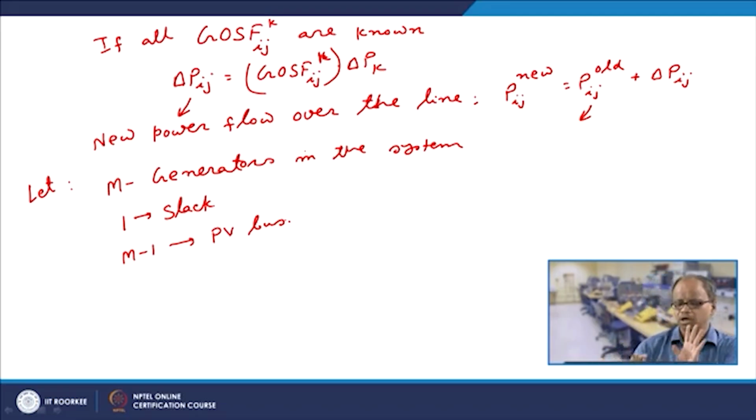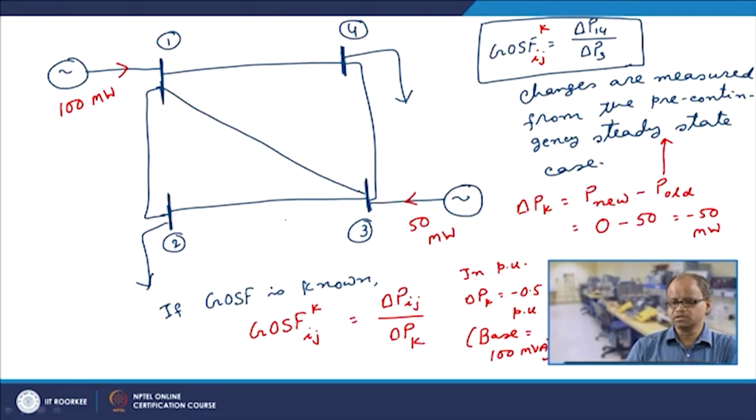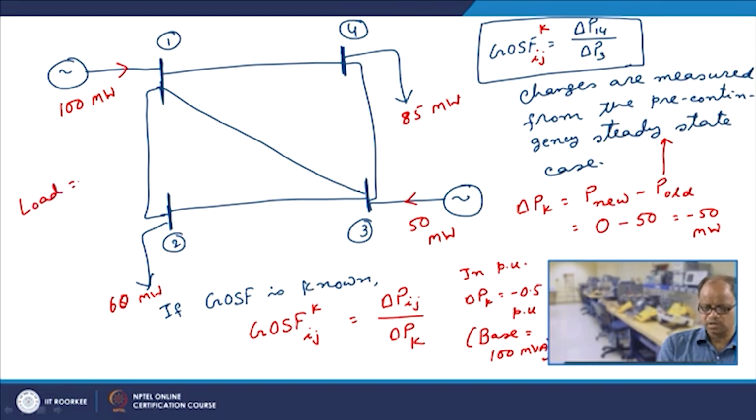For example, if in this system this load is 85 megawatt and let us say this load is 60 megawatt, then total load is 145 and total generation is 150.